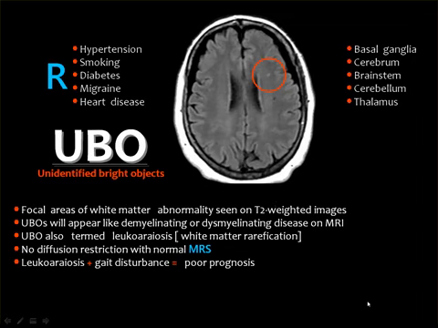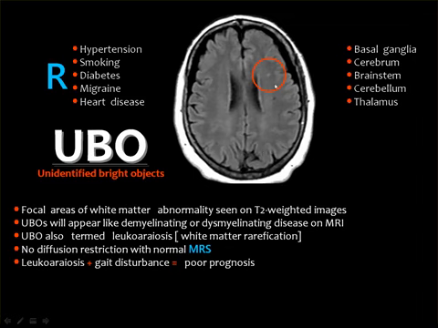These are the suspected reasons in the literature: hypertension, smoking, diabetes, migraine, and heart disease. They are not usually related to MS, and these patients should not be investigated for the possibility of MS, in my opinion.